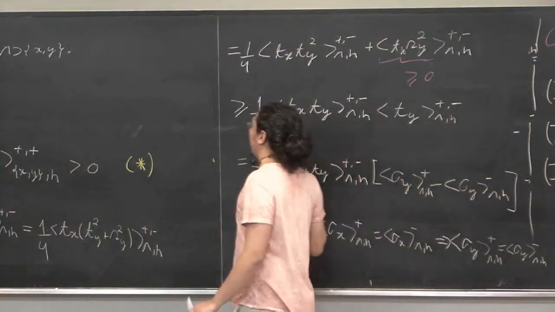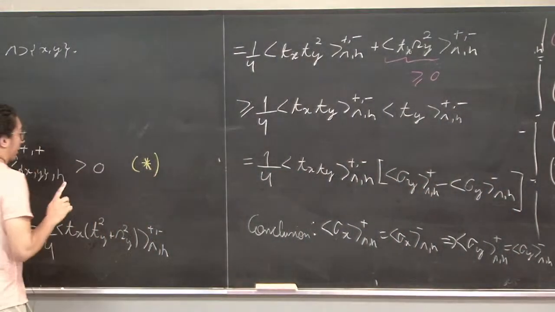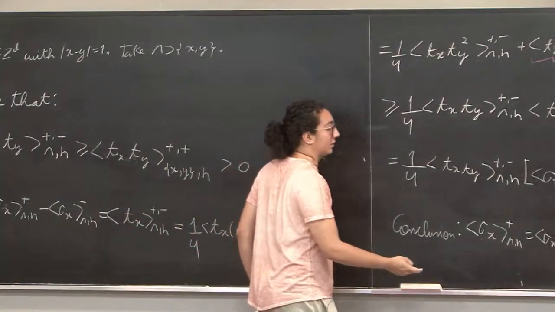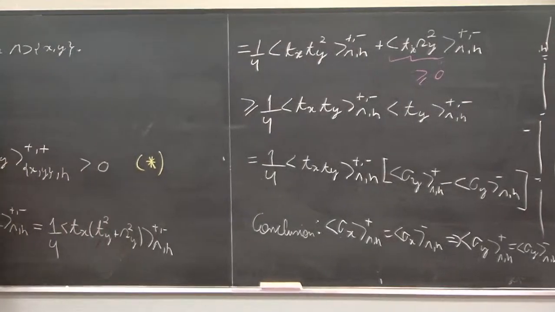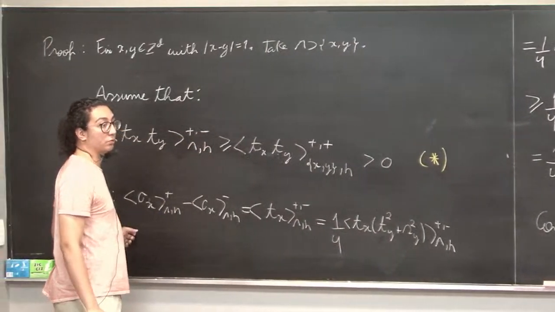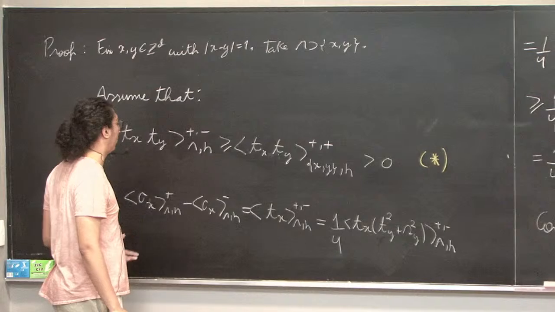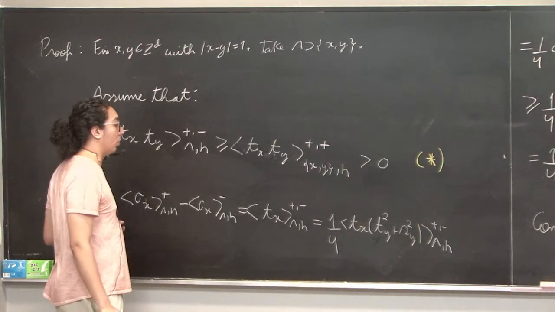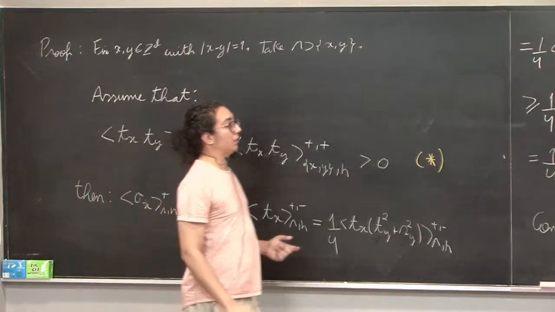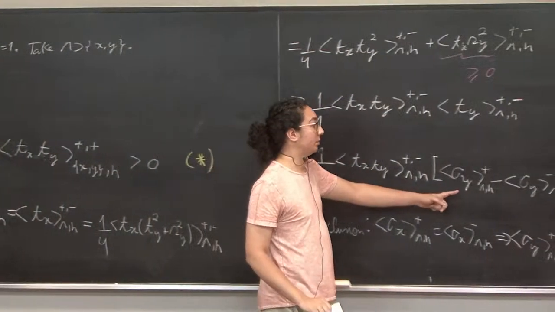Not exactly lambda h. We are not assuming the local states coincide, right? We are assuming that the infinite states coincide. So we just take the limit here as lambda goes to infinity. We take maybe a box. We take the limit here. So if this is zero in the limit, then this would also be zero in the limit.